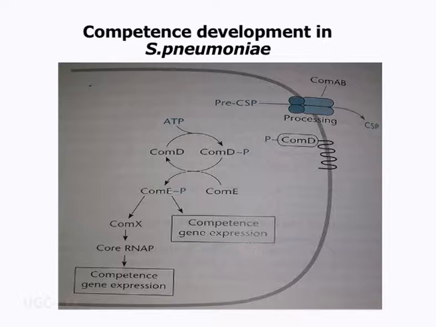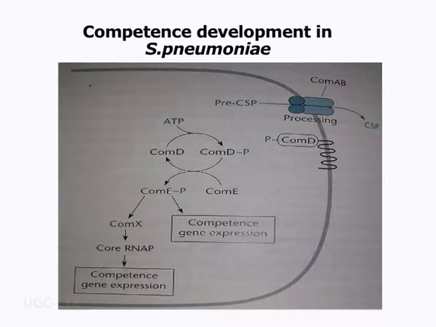Binding of CSP to the membrane bound COMD sensor kinase results in phosphorylation of its partner response regulator called COM-E. Then the phosphorylated COM-E will activate transcription of 20 competence genes.